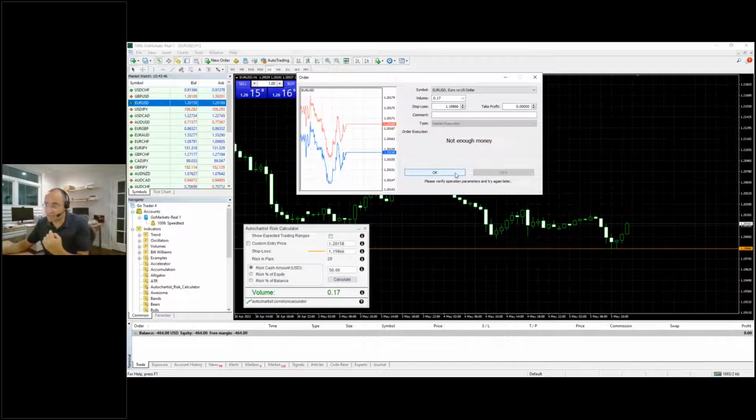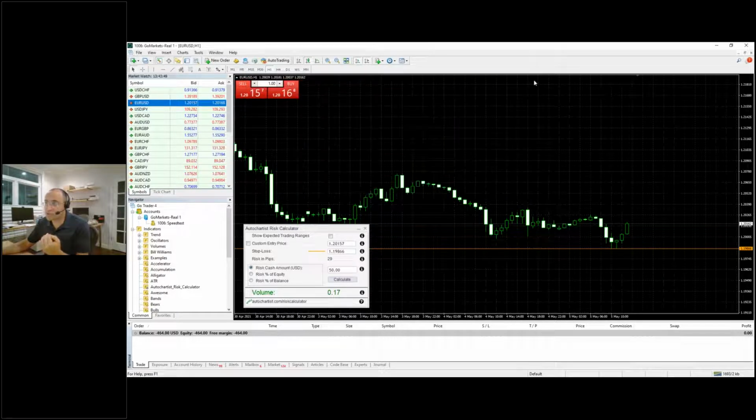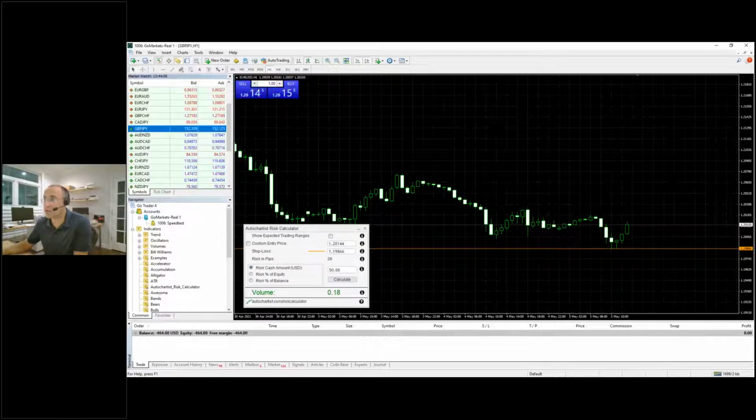The beauty of that is that you can use the same strategy across any time interval, right? So for example, this is an hourly chart, where I want to take a position with only 30 pips risk. Let's just say that I'm trading something completely different. I want to trade GBP JPY, the killer of all traders.